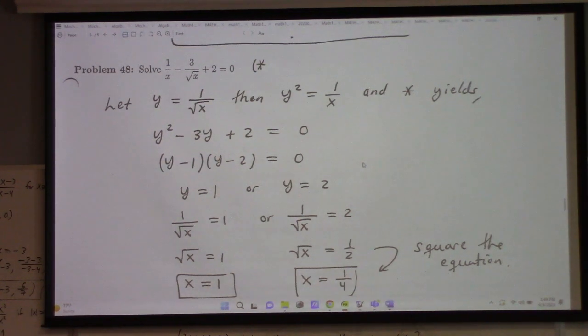This one's a little bit trickier, right? If I was to give this on the test, I might also have a little hint. I might say hint, try a substitution, perhaps, something like that. I might say hint, try y equals 1 over the square root of x.